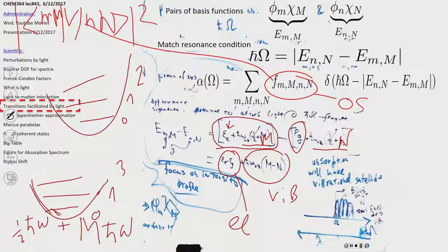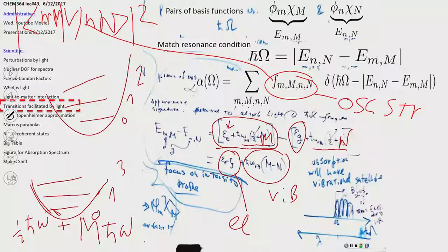The dipole interaction matrix element squared is oscillator strength. It's how easily light can promote the system from one state to another. Here is the density of states, which is the density of excitations. It is a resonance condition. Excitation can happen if the energy of initial state and energy of final state are in resonance with exciting light.